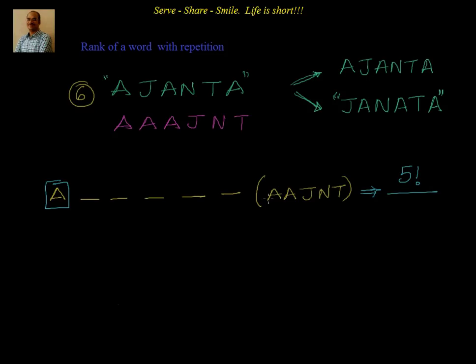But A is repeating 2 times, so I have to divide by 2. That is 120 by 2, since factorial 5 is 120. 120 by 2 equals 60. Let's remember that. Now the A's are over.